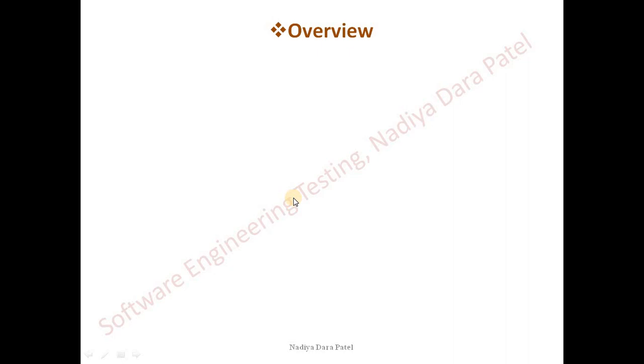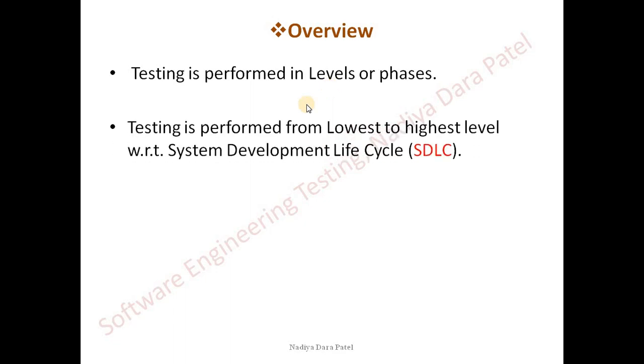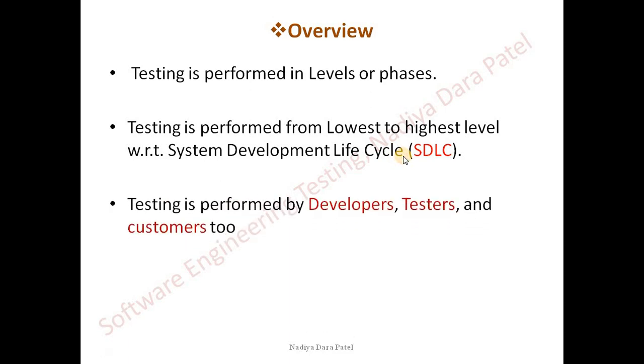So let's take an overview on what are different levels of testing. Testing is usually performed in phases or levels. When it comes to levels or phases, something which should immediately come to your mind is the system development lifecycle. Testing is performed from lowest to highest level with respect to the system development lifecycle model.